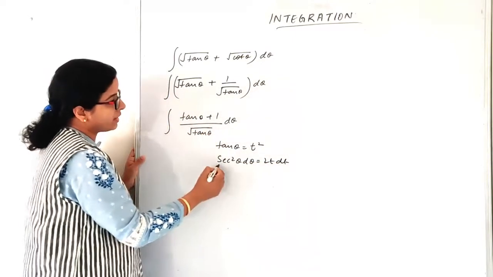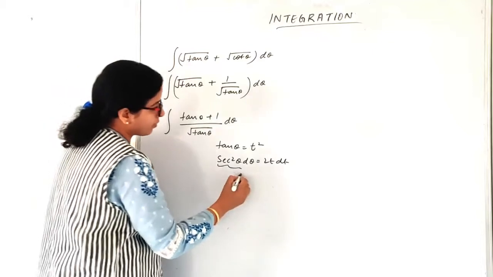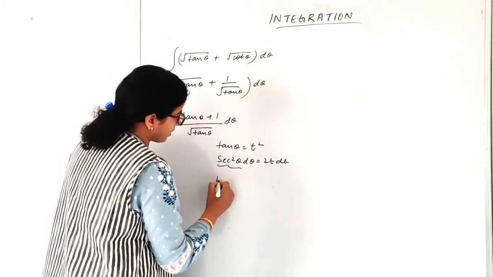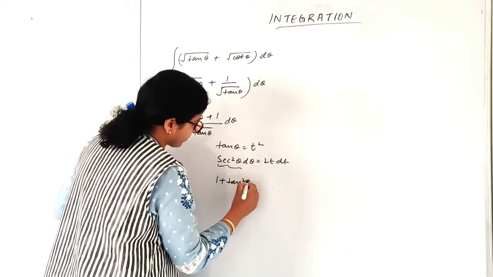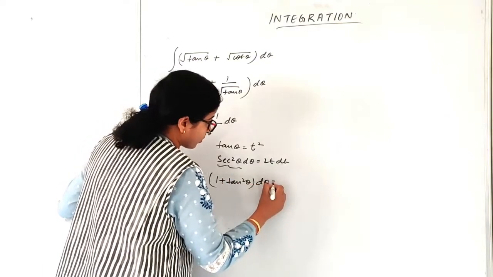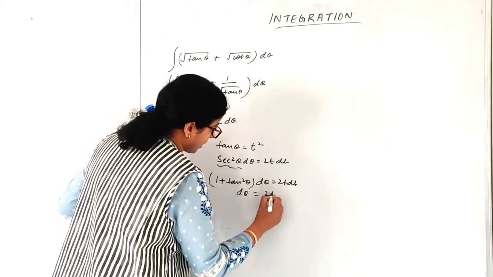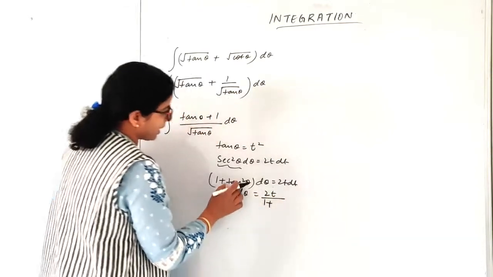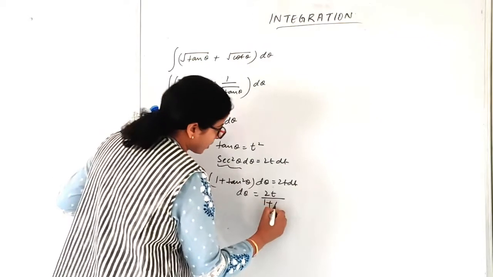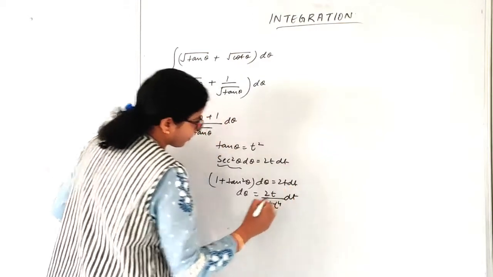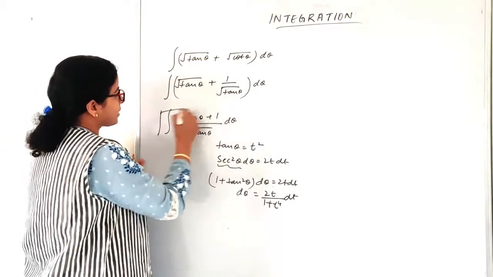But I don't have any secant square theta in the question. So I will convert secant square theta as 1 plus tan square theta. d theta is equal to 2t dt, so I can write d theta as 2t upon (1 plus tan square theta), with tan theta as t square, so tan square theta becomes t^4, dt. We'll substitute everything in this equation.